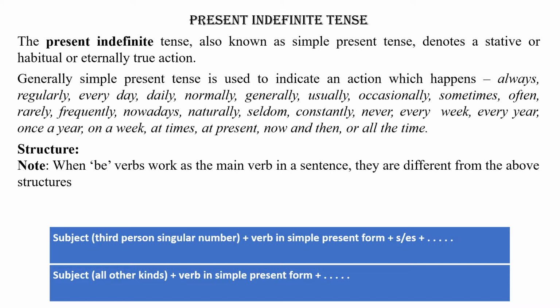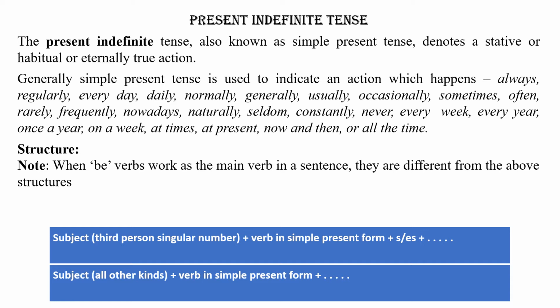Generally, simple present tense is used to indicate an action which happens always, regularly, every day, daily, normally, generally, usually, occasionally, sometimes, often, rarely, frequently, nowadays, naturally, seldom, constantly, never, every week, every year, once a week, at times, at present, now and then, or all the time.